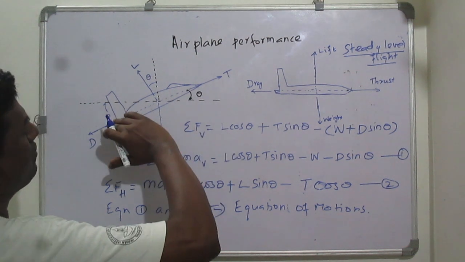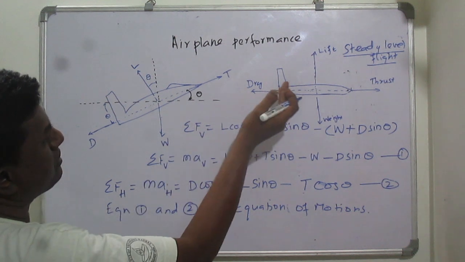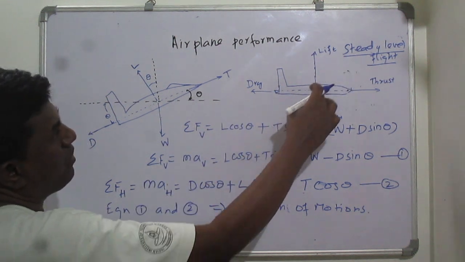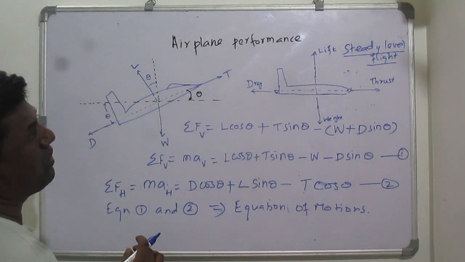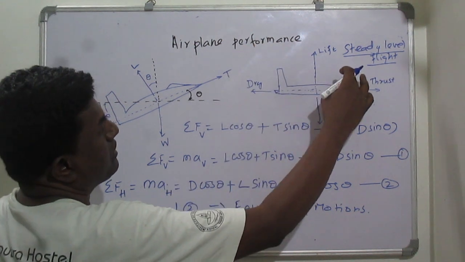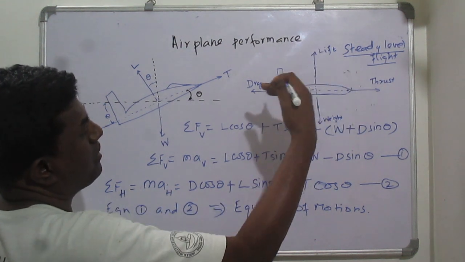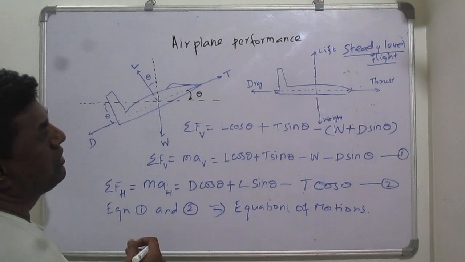Because now it is in the inclined position, if it is in the steady level flight, what happens? Steady means it is constant velocity, and level means at a particular height. So with a constant velocity at a particular height, it keeps flying, and that is what we call steady level flight.